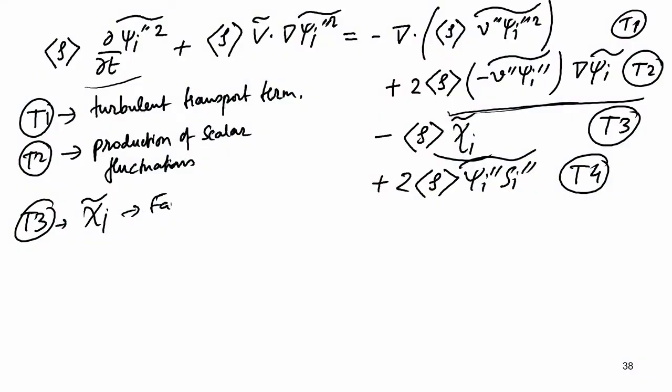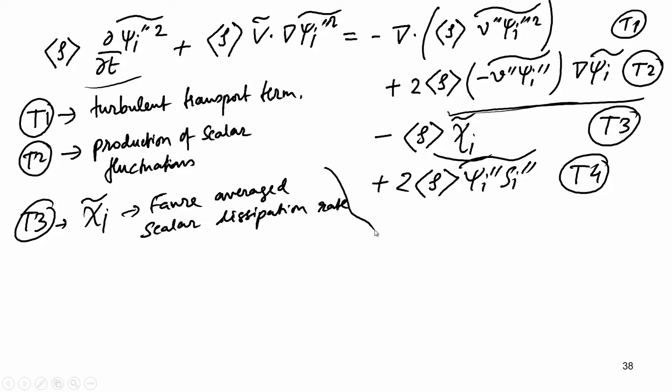So it behaves in essentially a similar manner, and T3 is essentially the Favre averaged scalar dissipation rate, and that is given by this thing.